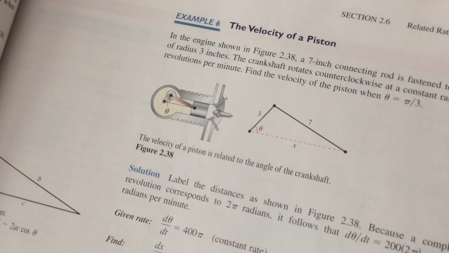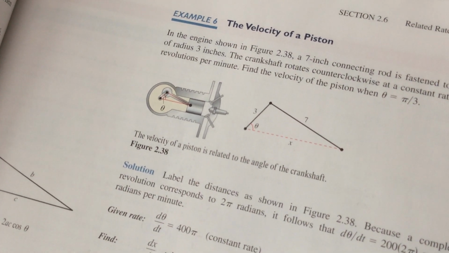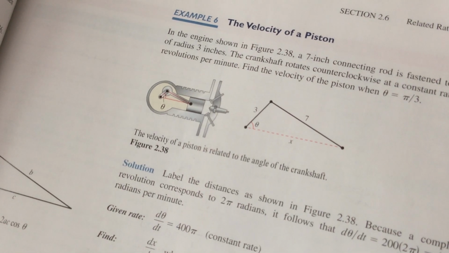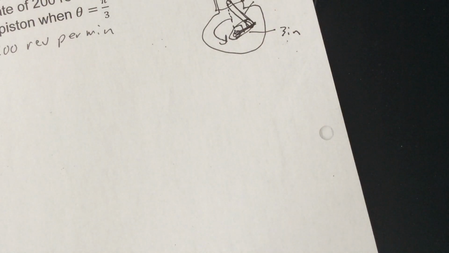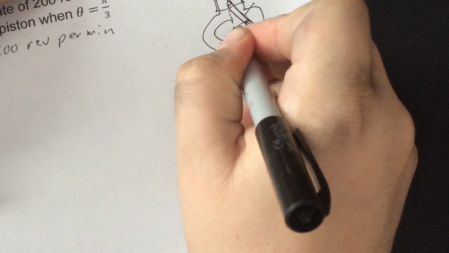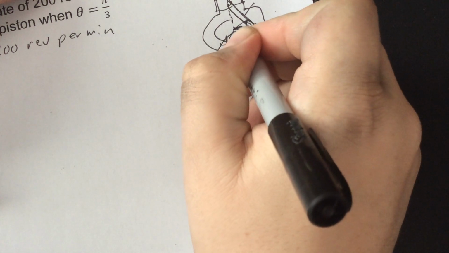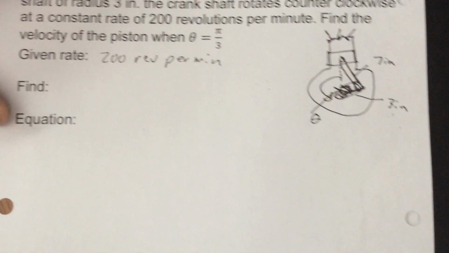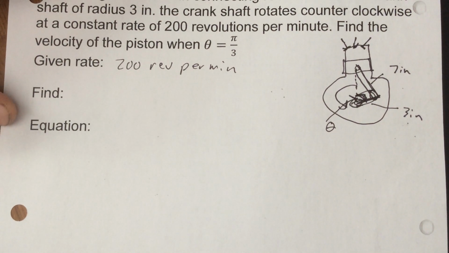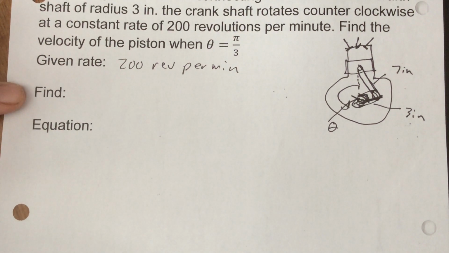Okay, so here's the picture in the book. So our theta is going to be between the connecting rod and straight up to the piston. So this angle measure in here is going to be our theta. So what are we finding? Well, we're finding the velocity of the piston.